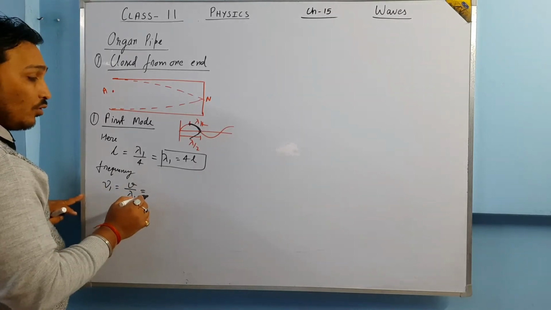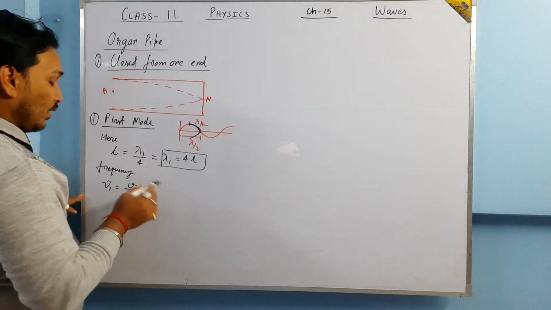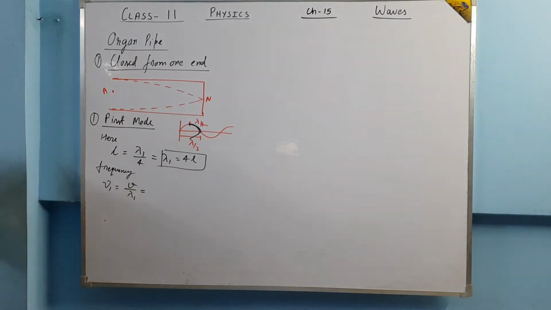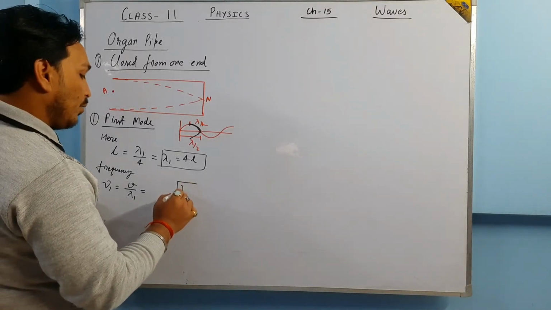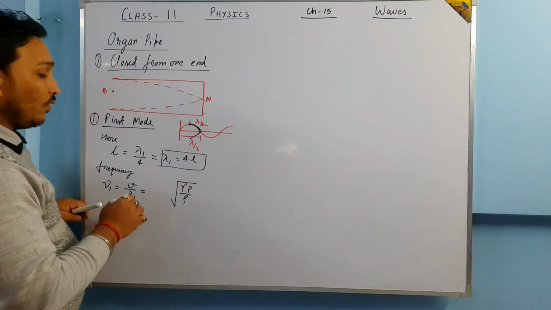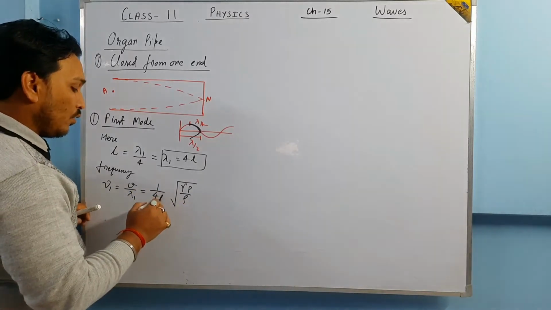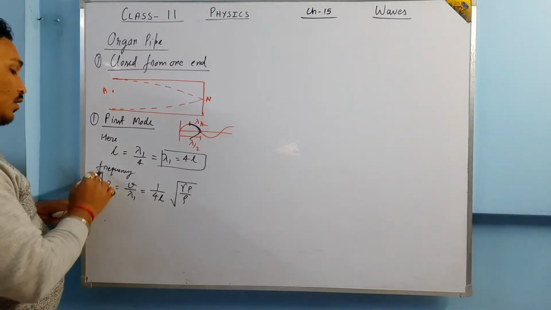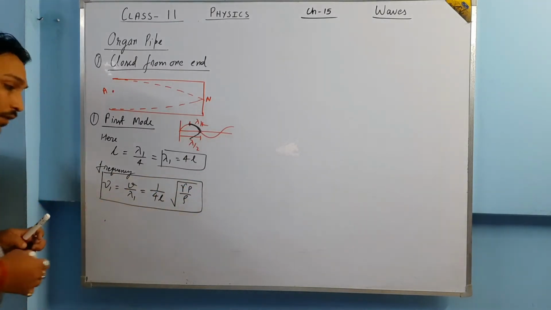V is the speed of sound in air, which we have already studied is given by the Laplace correction, gamma p by rho. And lambda 1 is 4L, so nu 1 equals 1 upon 4L times the square root of gamma p by rho.